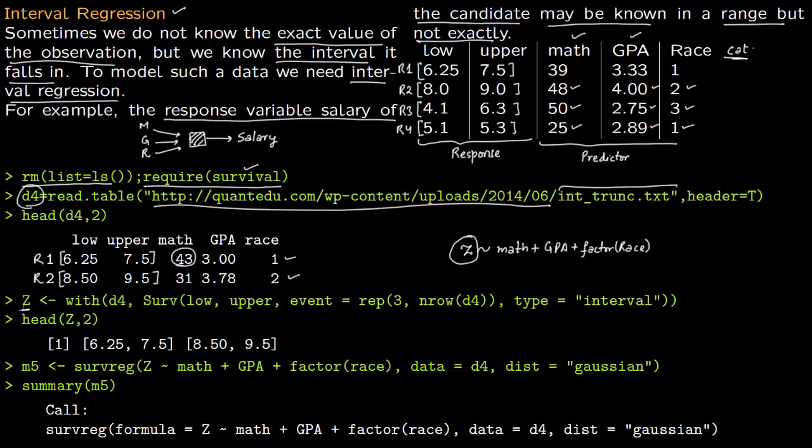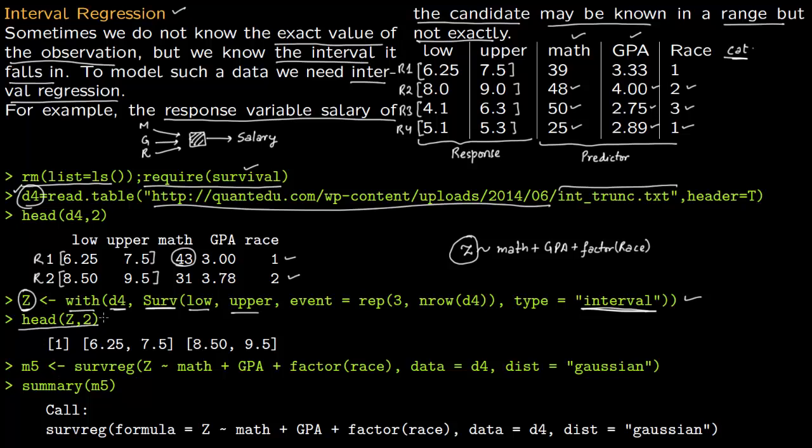So first you take the Z and you say with D4, D4 is our data set right here. You use the survival package here, use the lower and the upper intervals. So these are the interval values, and you make Z into an interval input into the data. This is a standard command, so you can just copy paste it from the description of the video.